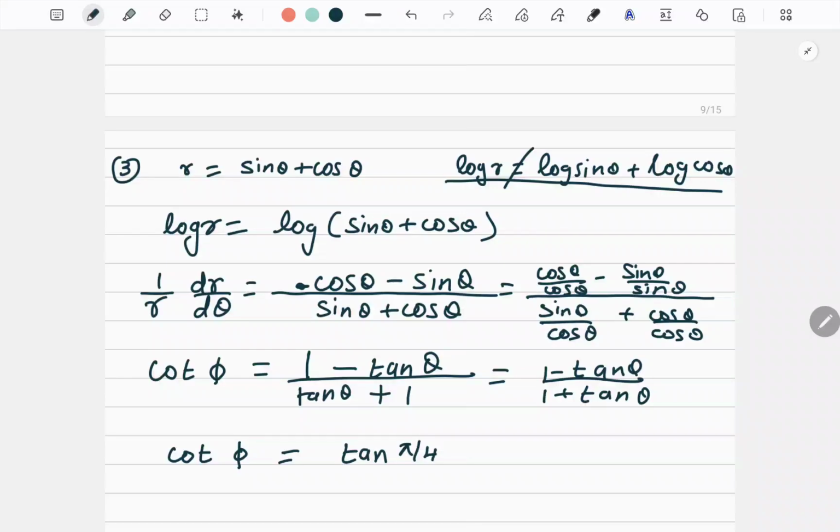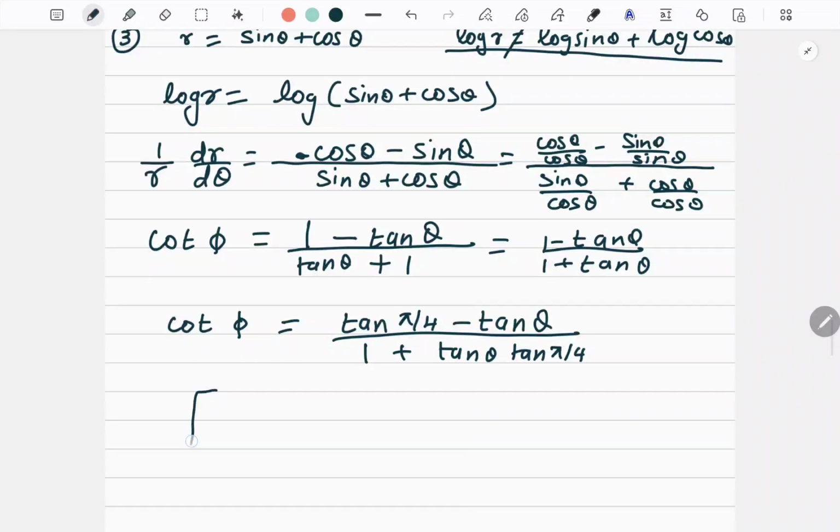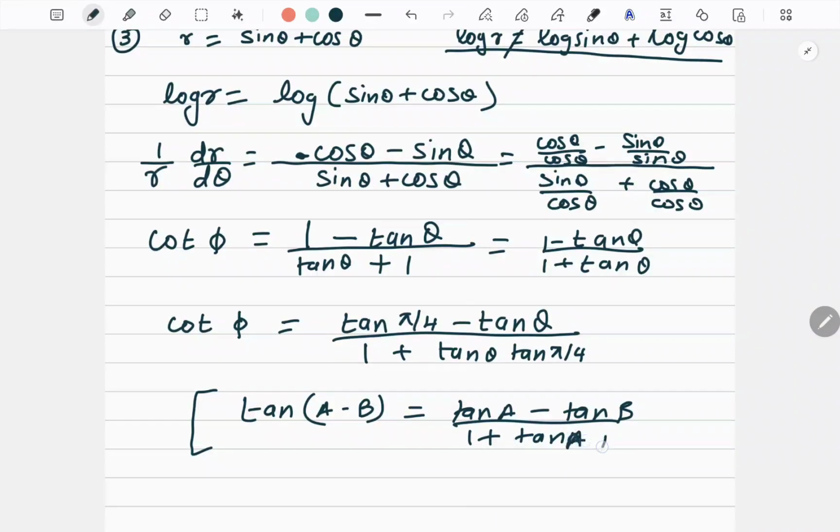So in place of 1, I have written tan 45 minus tan theta upon 1 plus tan theta and tan pi by 4. Why tan pi by 4? Because tan theta can be written as tan theta into 1 and in place of 1, I can always write tan pi by 4. Now why did I do this? Because I know the formula tan of a minus b is equal to tan a minus tan b upon 1 plus tan a tan b.